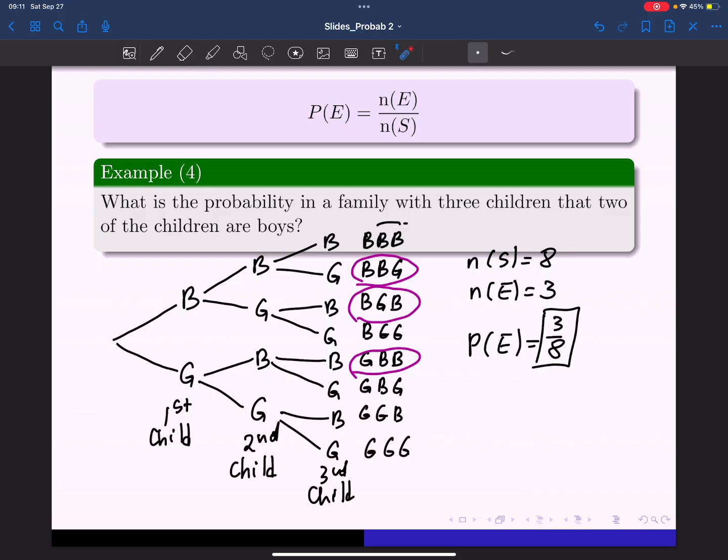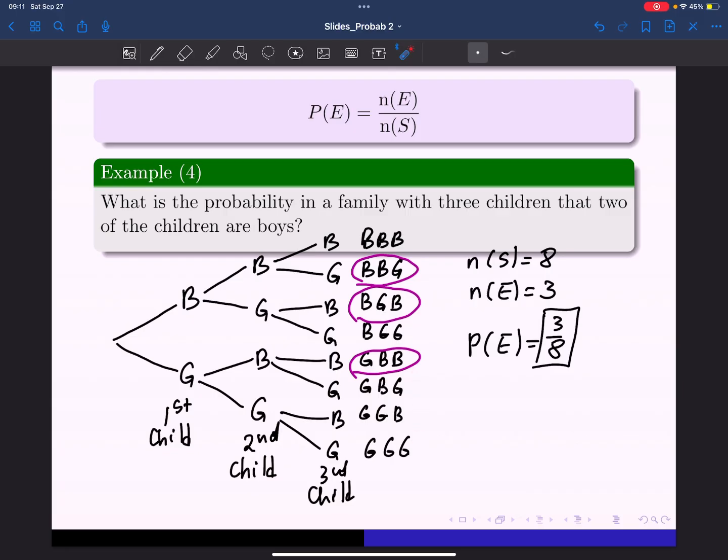So that means that event E can always be only less than or equal to the whole sample space. Because I'm taking a subset, in this case my event E can be at most 8. So 8 over 8 would be 1. It cannot be more than 1, right?